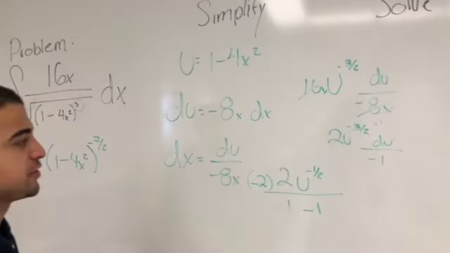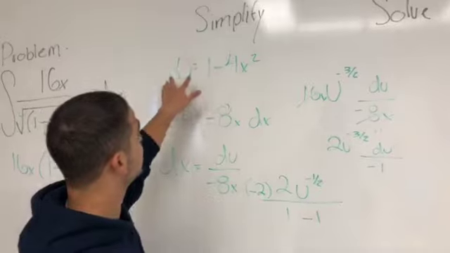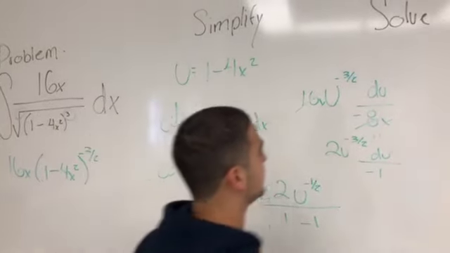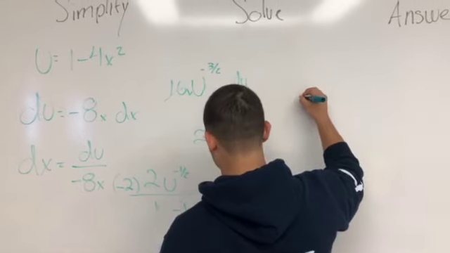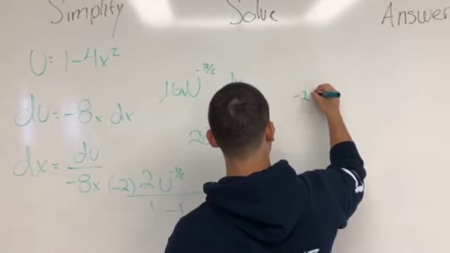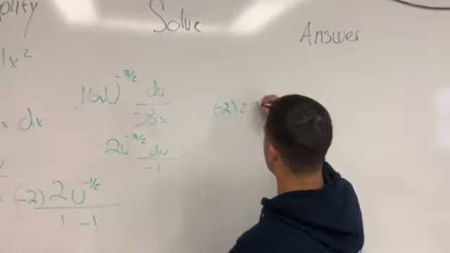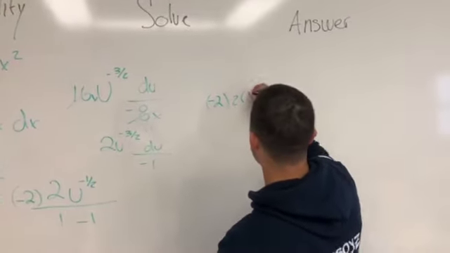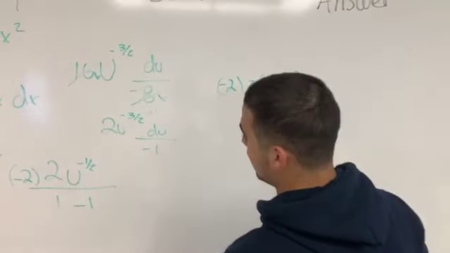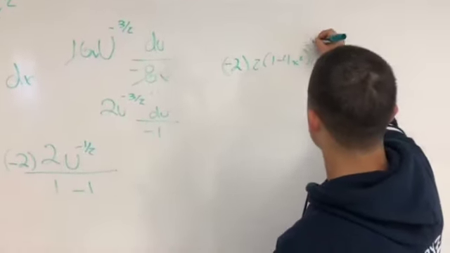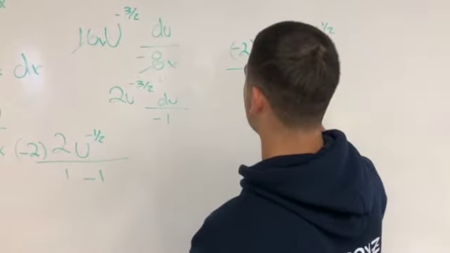So now it's time to substitute. We're going to grab your u and write it as negative 2, and then 2 again, as we have here, and then the u, which is 1 minus 4x squared, raised to the negative 1 half, all over negative 1.